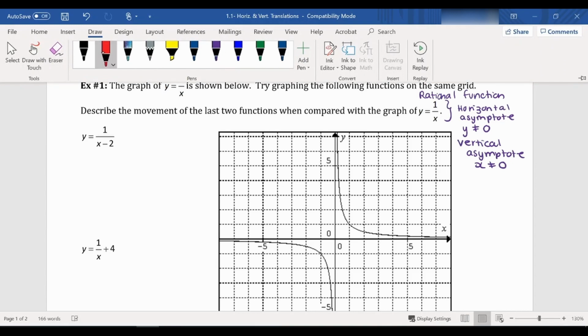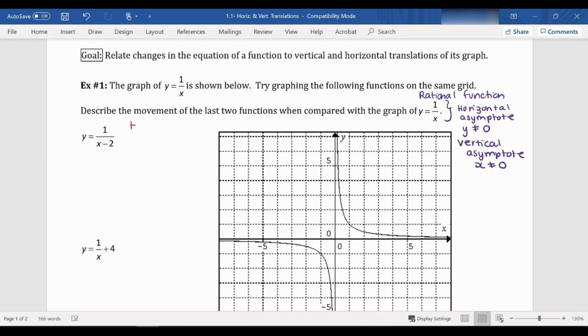Our first graph, y equals 1 over x minus 2, in order to find our horizontal asymptote, we know that for our rational functions that look like this from grade 11, our horizontal asymptote will be y cannot equal 0. This will be true for any rational function that looks like this, okay?